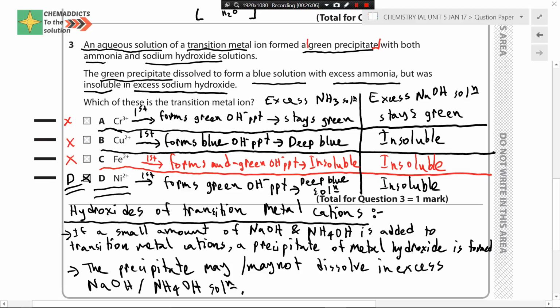Nickel 2 plus ion first forms green hydroxide precipitate with both ammonia and sodium hydroxide solutions. With excess ammonia solution the precipitate forms deep blue solution. With excess sodium hydroxide solution the precipitate is insoluble.